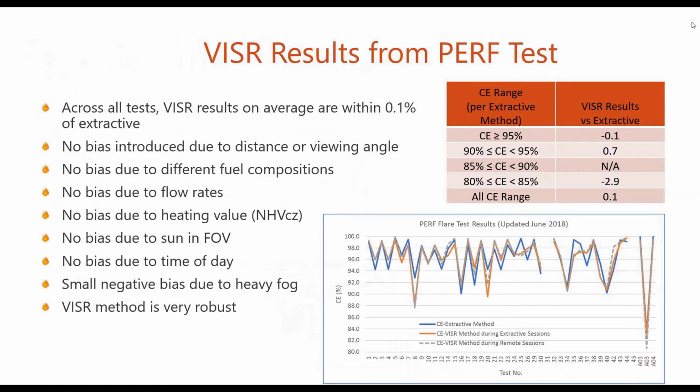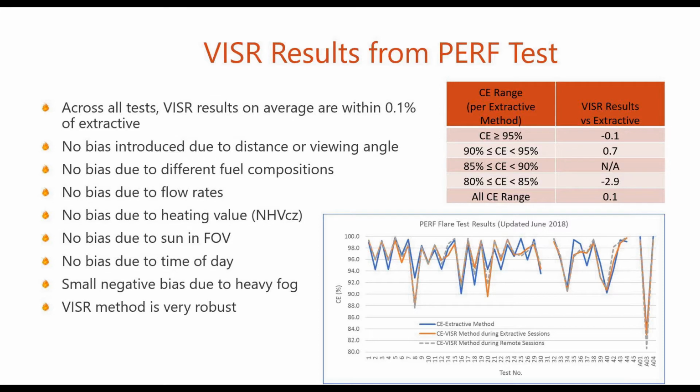This is the performance from the perf test. And on the right, the table on the right, you can see our VISR results versus the extractive results. For high combustion efficiency above 95%, we're within 0.1% on average of the extractive results.